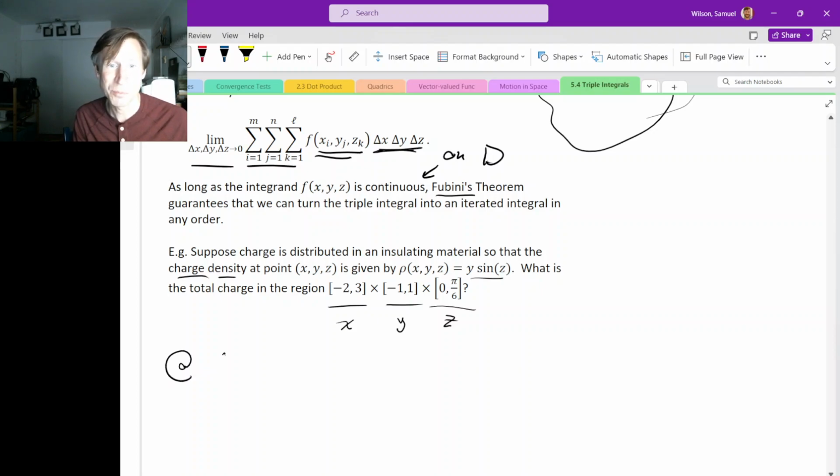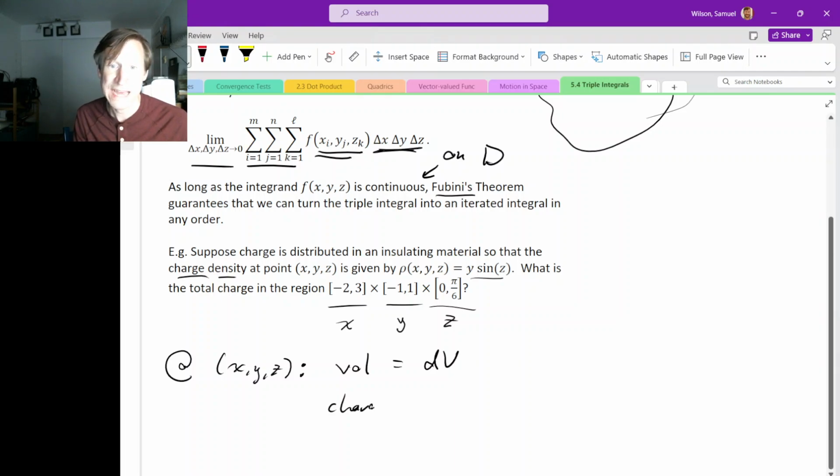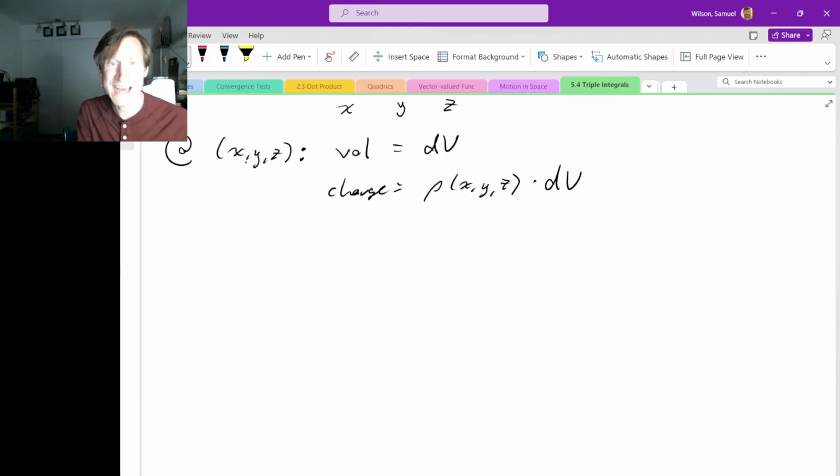So at the point xyz, the volume is dV, and so the charge at that point is rho of xyz, the density, times dV. So that's at a single point.